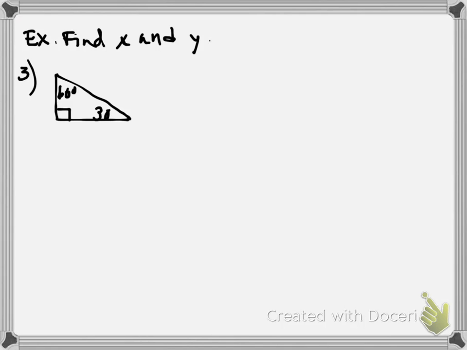Here's your 30, and they don't need to label both of them. If they've labeled one as 60, you know automatically the other one has to be 30. So this is x, this is y, and this is 6. The one that they give me that's 6, which leg is that? It's opposite the 30, so it's actually the shorter leg. So they gave me that the shorter leg is equal to 6.